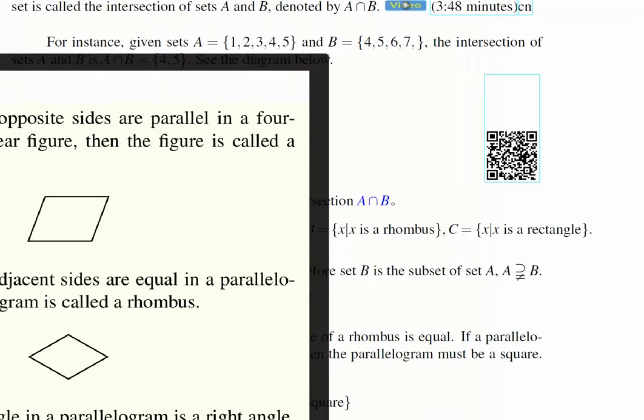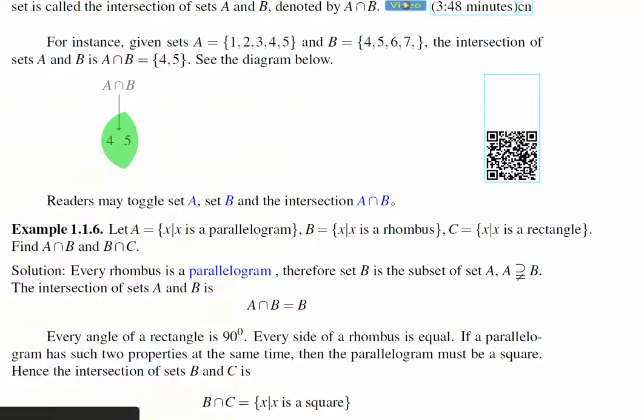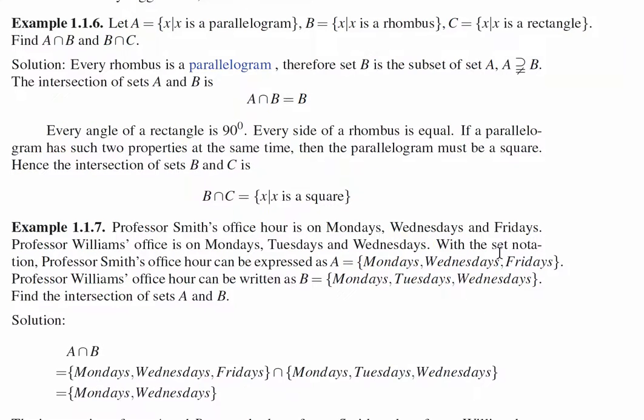So that's why we have the answer right here: B intersection C, a rhombus that is concurrently a rectangle, has to be a square. So that's the example for 1.16. Now keep going.